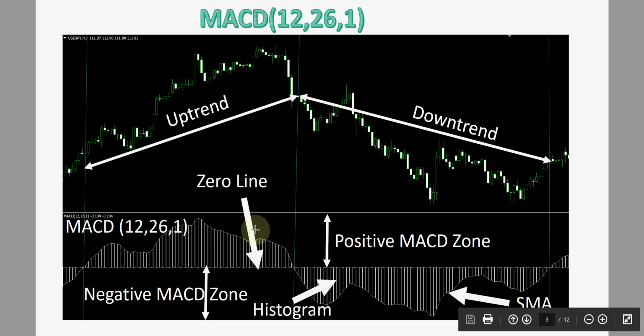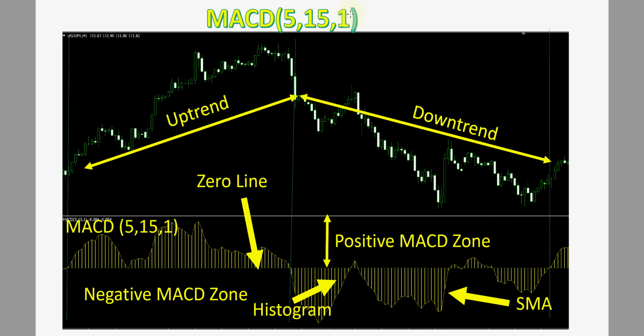Above the zero line is an uptrend, which is the positive zone. Below the zero line is a downtrend, which is the negative zone. Notice that the SMA here is just along the histogram. The reason is because our setting for that SMA is 1.